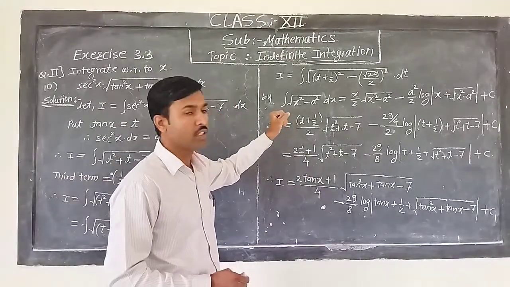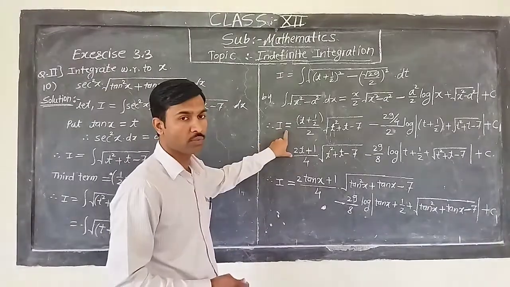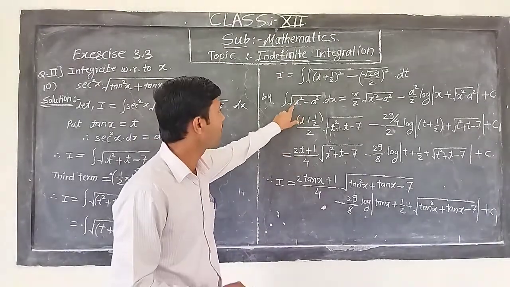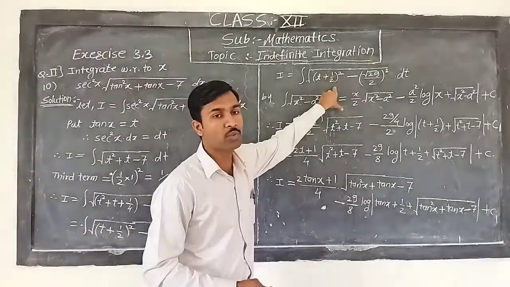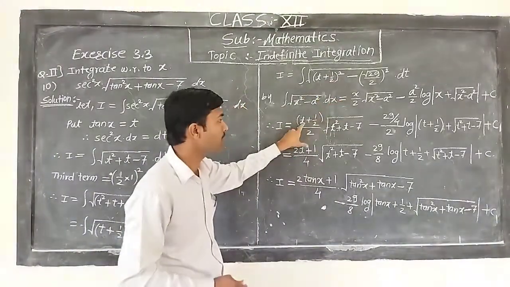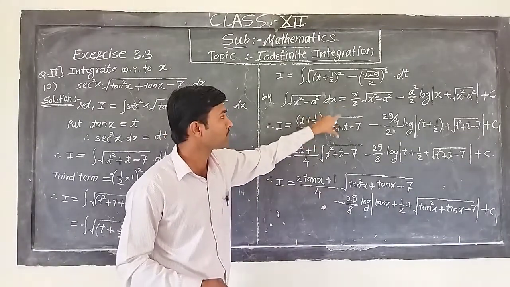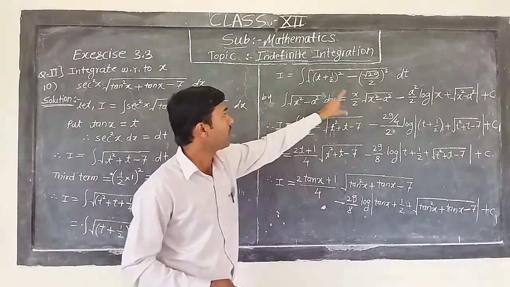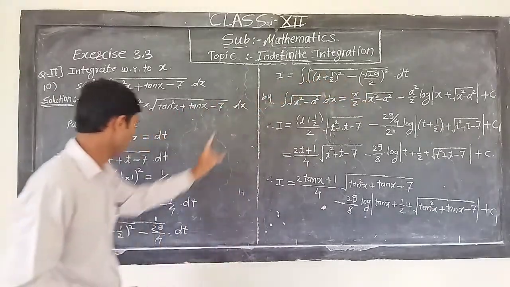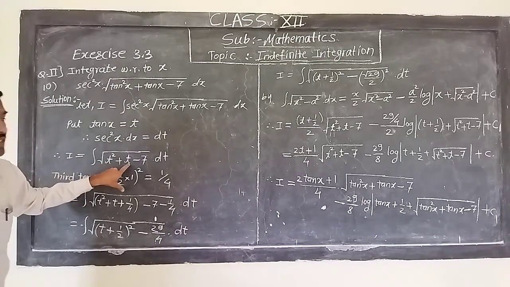After substituting the values of x and a, we get I is equal to, the value for x is t plus 1 by 2. So x is replaced by t plus 1 by 2 upon 2 into under root of x square minus a square. X square minus a square means these terms are the same. It is t square plus t minus 7.